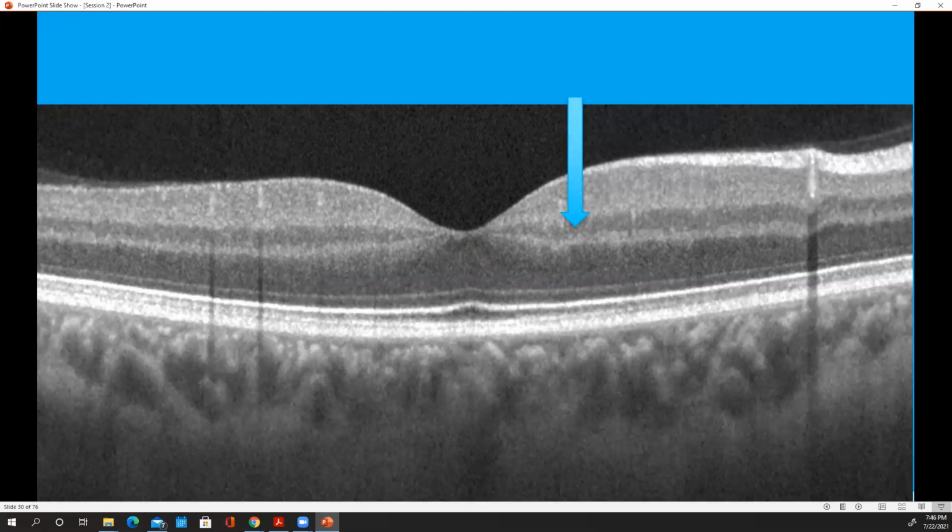So dark or light? So that's the inner nuclear layer. You got it. And I always say, remember, this is really confusing. At conferences, you'll find attendings who have been doing this for 40 years mess this up.